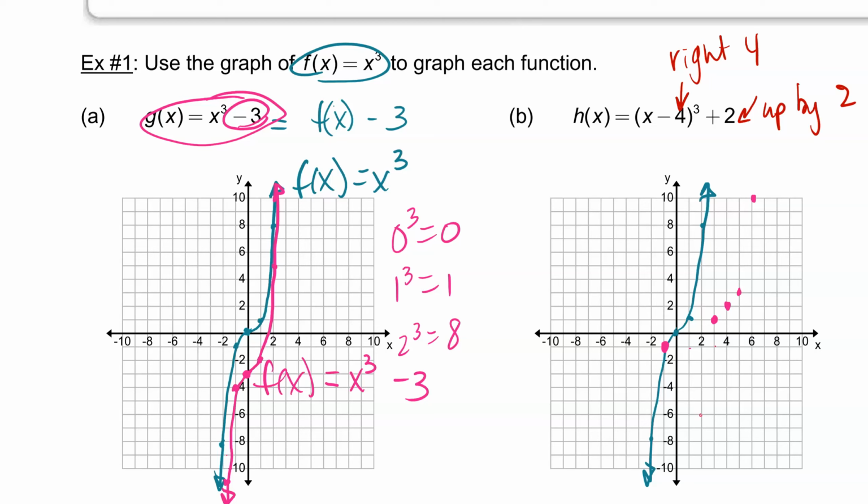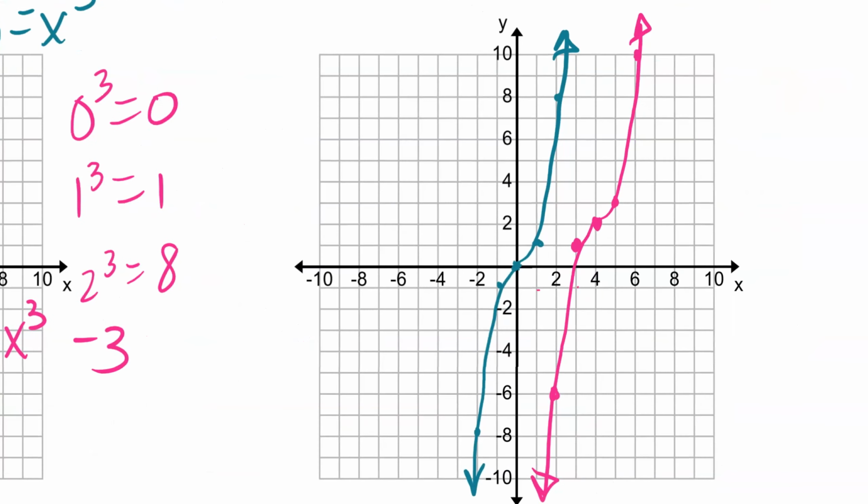Go over 4, up by 2. So here I see everything is to the right by 4 and up by 2.